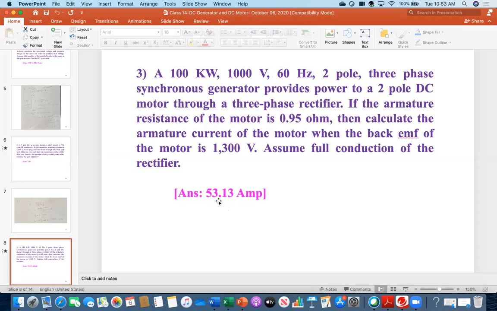I have approximated the answer, so you should get around that number, you might say 53 ampere, or a little bit higher, but it should be around 53.